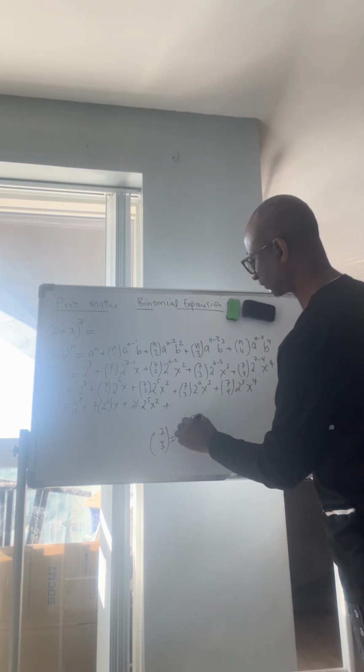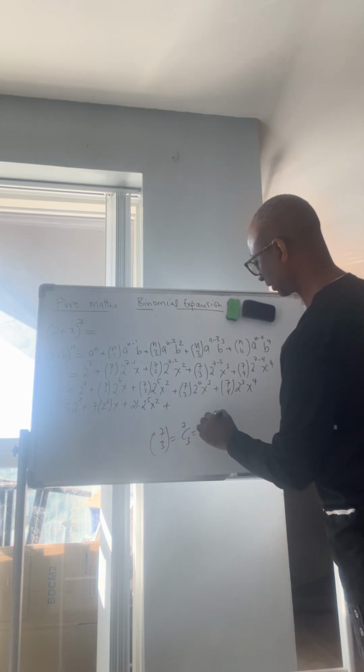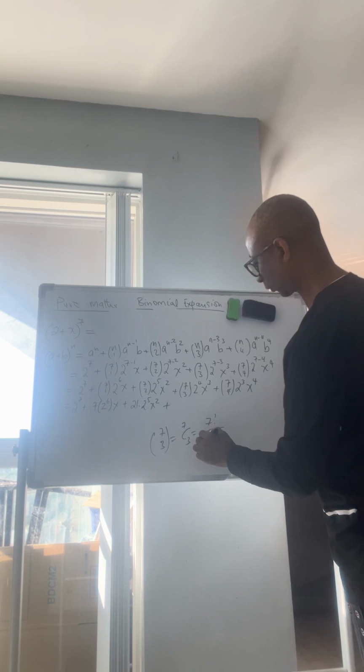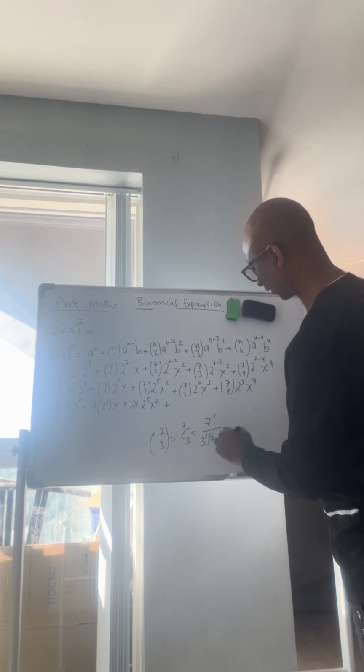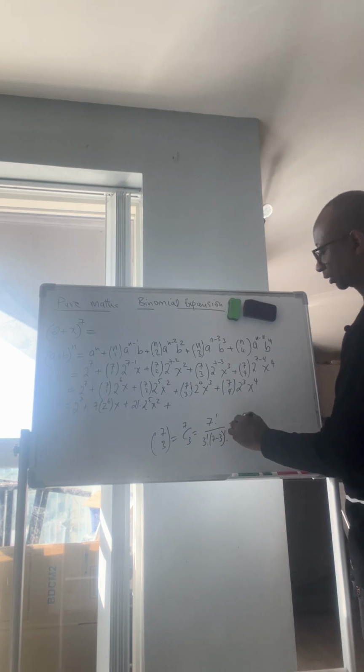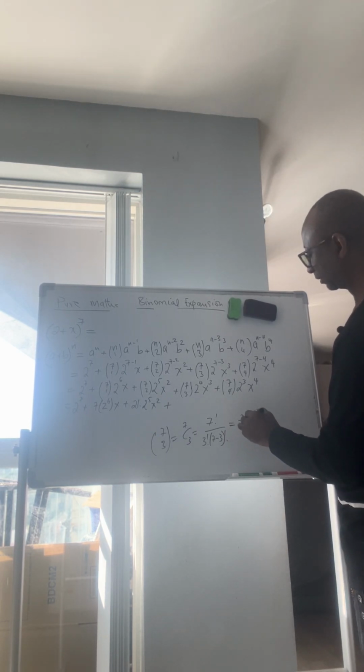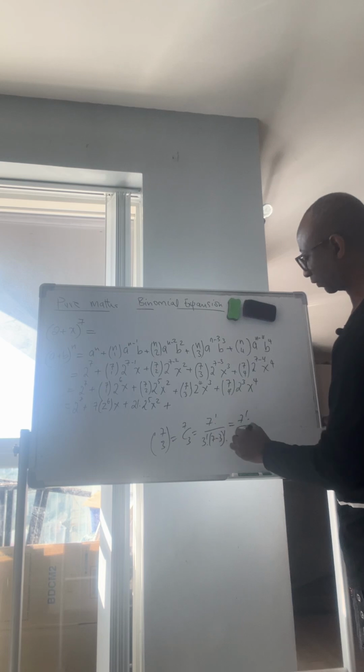Plus, again, 7C3. This is 7 factorial over 3 factorial times 7 minus 3 factorial, which is 7 factorial over 3 factorial times 4 factorial.